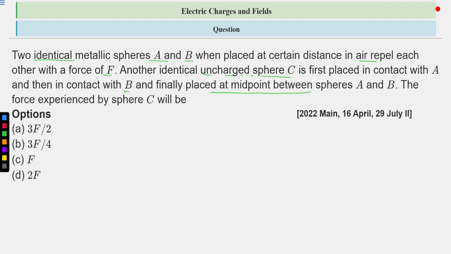And now another identical uncharged sphere C is first placed in contact with A and then in contact with B and finally placed at the midpoint.